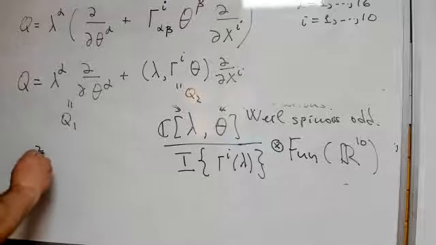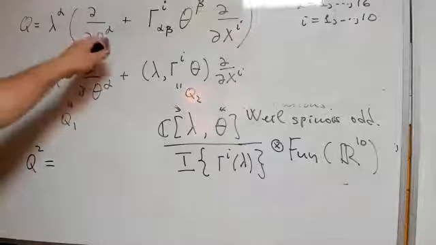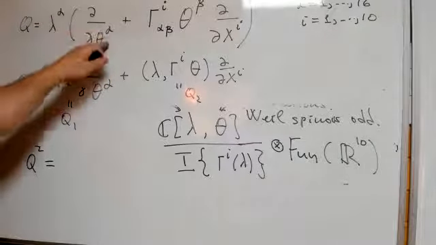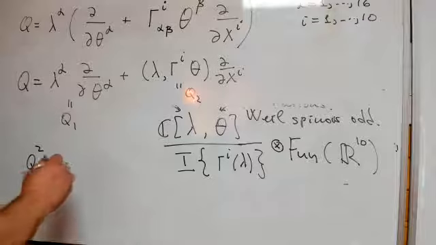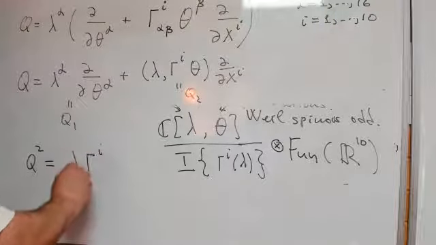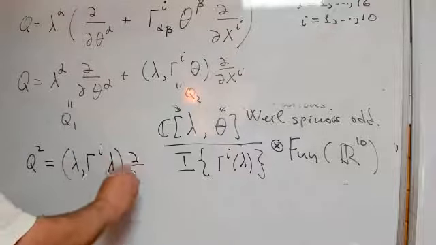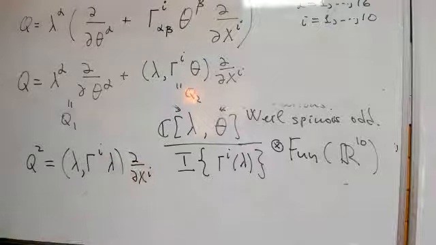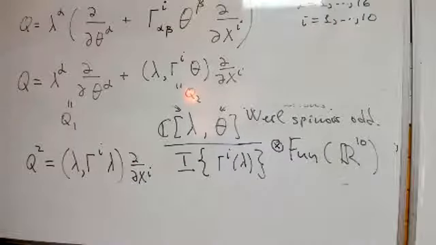So Q squared is at the moment not trivial because this d over d theta and theta could give something. But this is 0 because of this quotient.